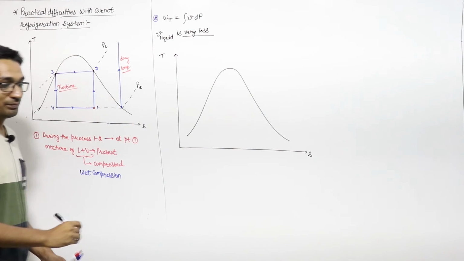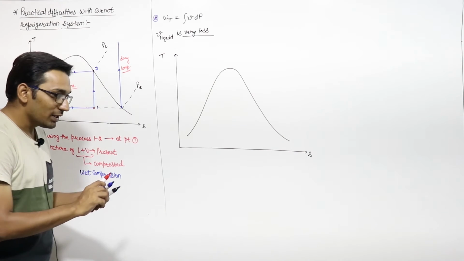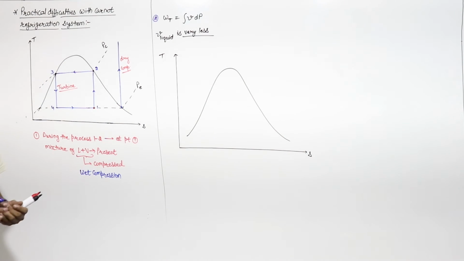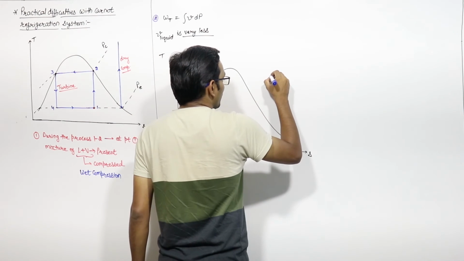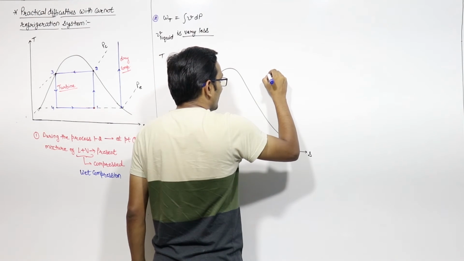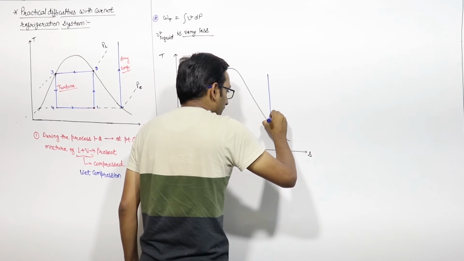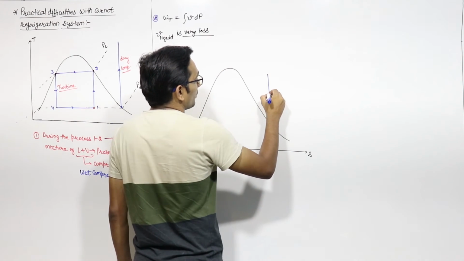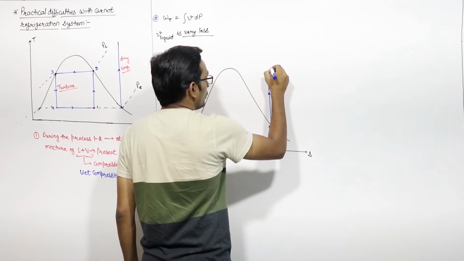This is a vapor dome. We can use two compressors, one of which gives you the reversible adiabatic compression. Let us say this is compressor 1, WC1, from point 1 to 2.